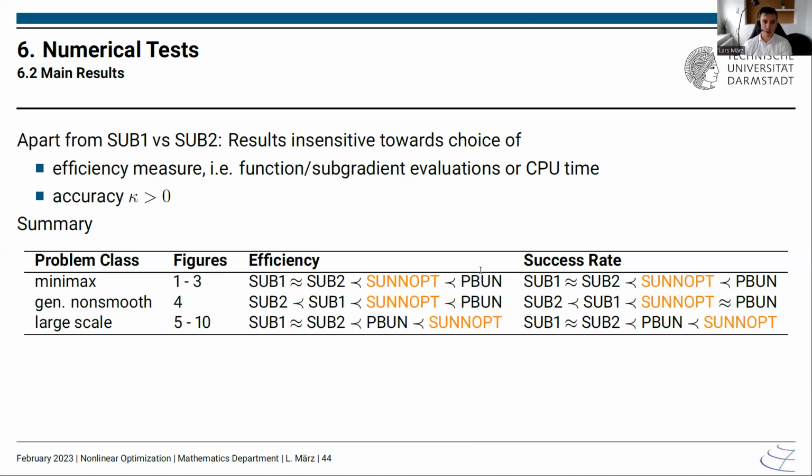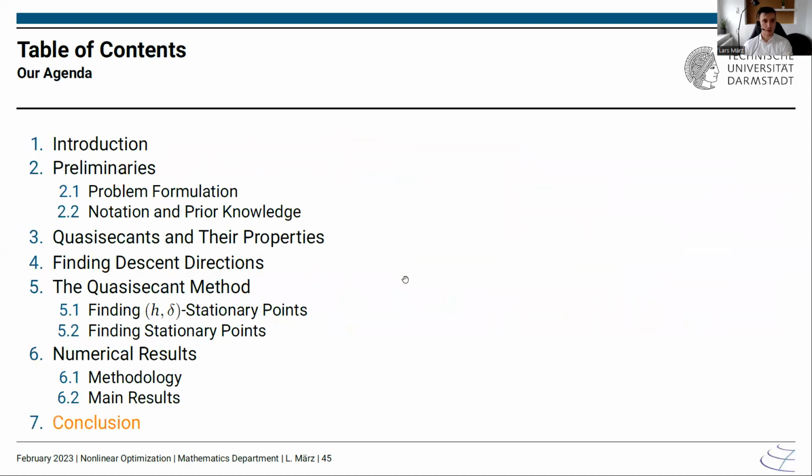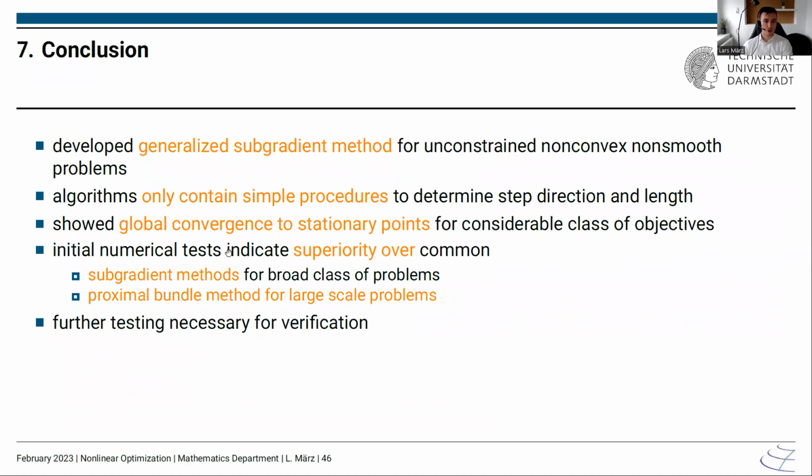So really, for large-scale problems, the Quasisecant method is very powerful, and for the other ones, the proximal bundle method might be the method of choice, but the quasi-secant method is arguably easier to implement. So this is more or less also our conclusion.